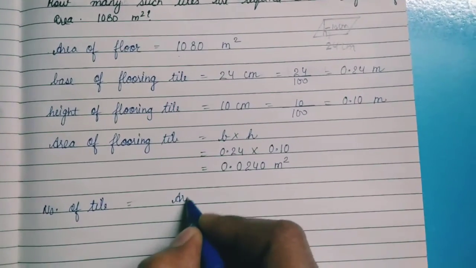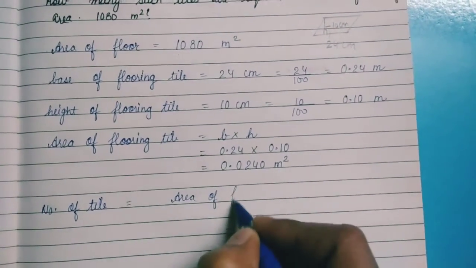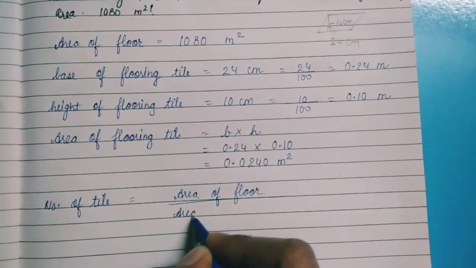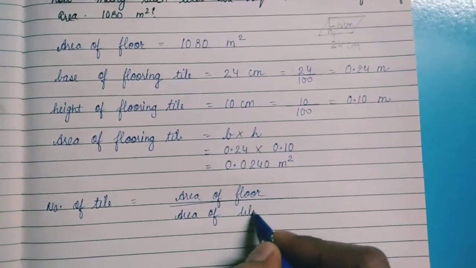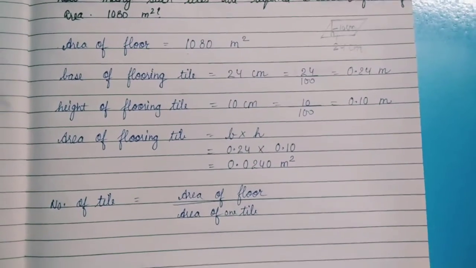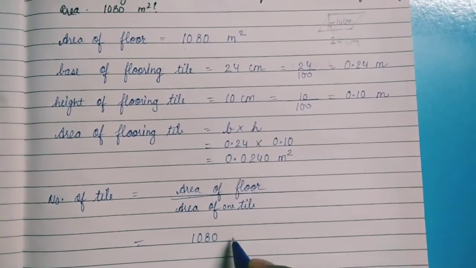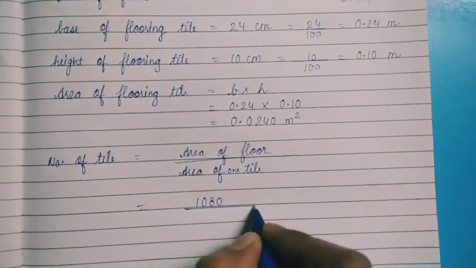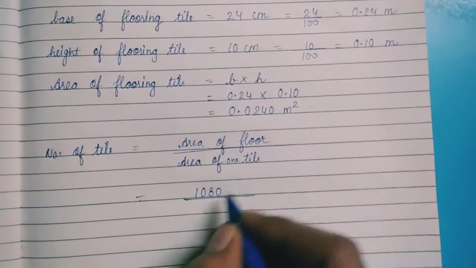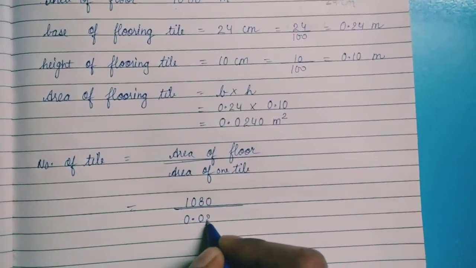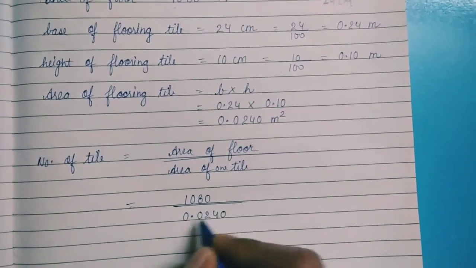So here area of floor will be divided by area of one tile. Area of floor is 1080 and we have area of one tile as 0.0240.